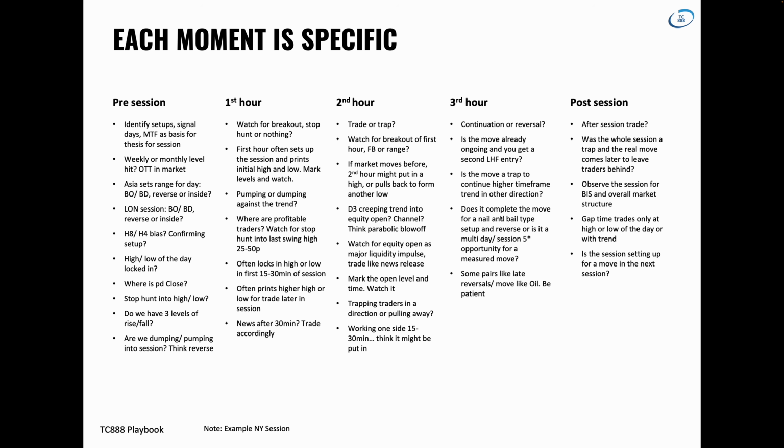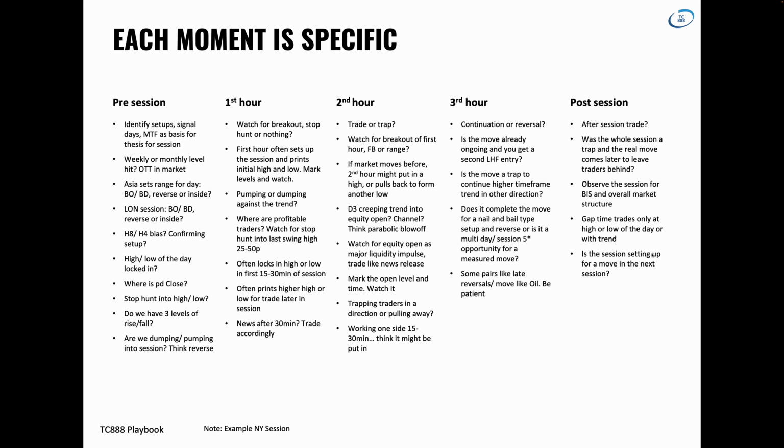You know, what's the pattern? Don't force anything. Then gap time trades. This is more for London traders. If you trade between London and New York, probably also after New York, it's best to go with the trend. Don't really force any reversals late. Sometimes they come, but typically it's better to follow the trend then.